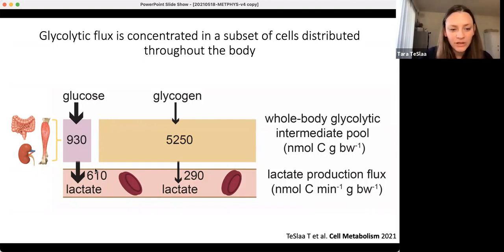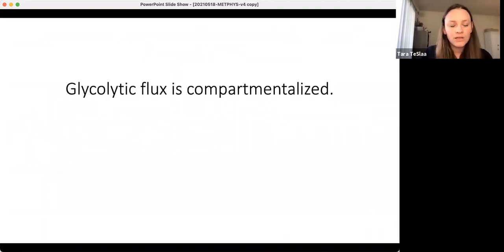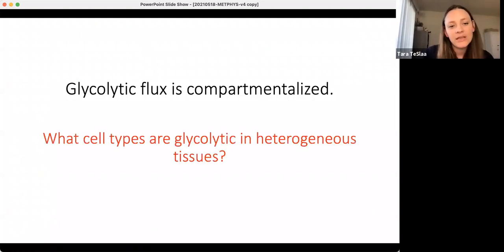However, when we look at the flux of lactate production, we see a large fraction of lactate comes from glucose, and therefore this small pool has a much higher flux out of it, while the breakdown of glycogen seems to produce lactate at a much slower rate. So in conclusion, we think glycolytic flux is compartmentalized. And what we're really interested in going forward is what cell types within heterogeneous tissues are glycolytic.